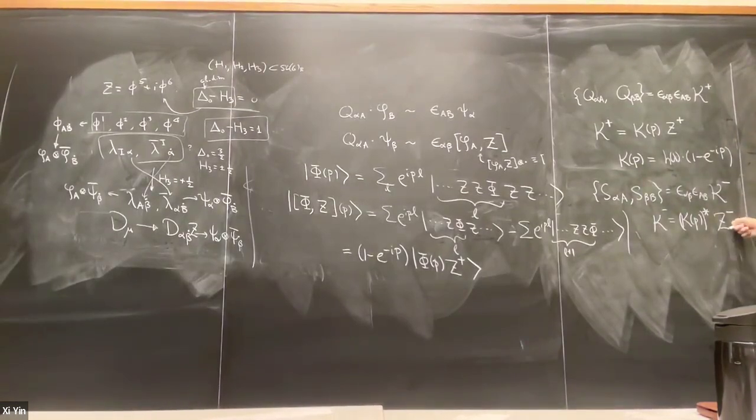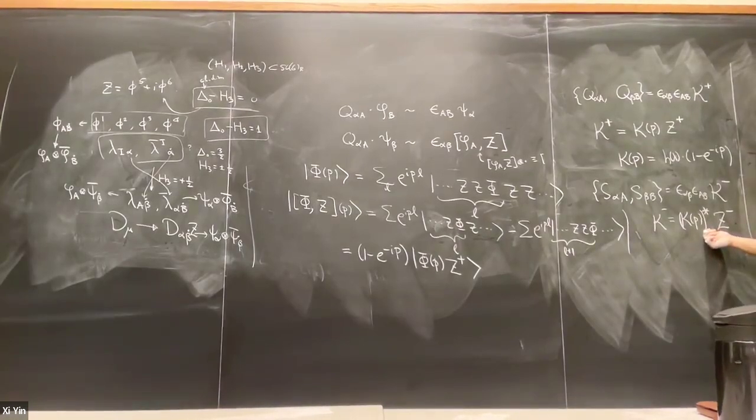Z minus is the operation similar to Z plus, where Z minus removes a Z on the right-hand side of the chain, to the right of the magnon along the chain. And this is kind of forced on you if you demand S to be the Hermitian conjugate of Q.